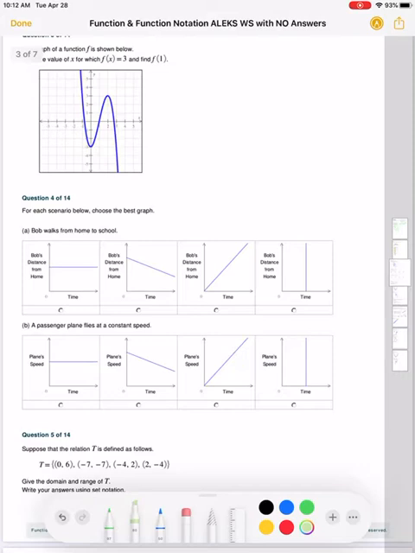Onward to number 3. It says the graph of the function f is shown below. Find one value of x for which the function equals 3 and find the value of f of 1. So you've got a couple of different things there. First, what you want to do is, what does x equal? No, sorry, x does not equal 3.